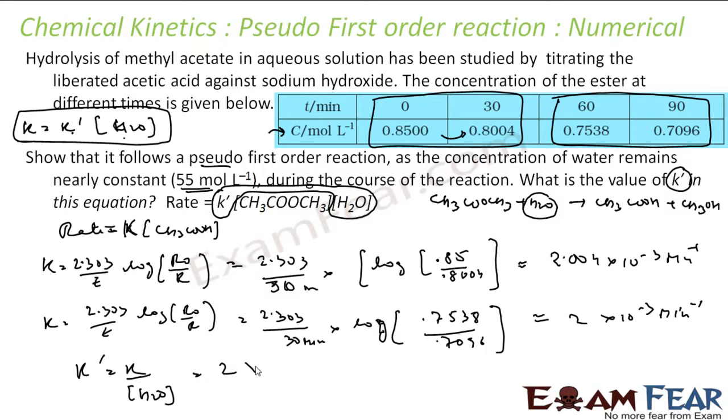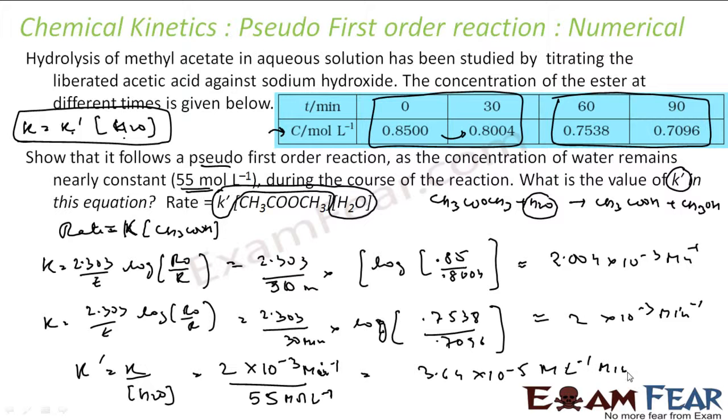What is the value of K? 2 into 10 to the power minus 3 per minute. And concentration of H2O is what? 55 moles per liter. So if you solve this, you get 3.64 into 10 to the power minus 5 moles per liter per minute.